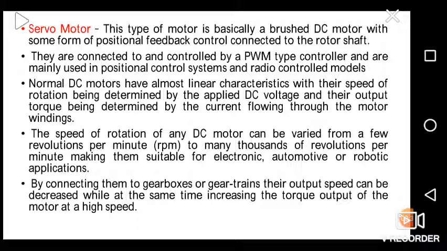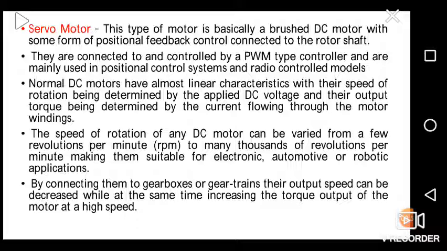Normal DC motors have almost linear characteristics with their speed of rotation being determined by the applied DC voltage and their output torque being determined by the current flowing through the motor windings.